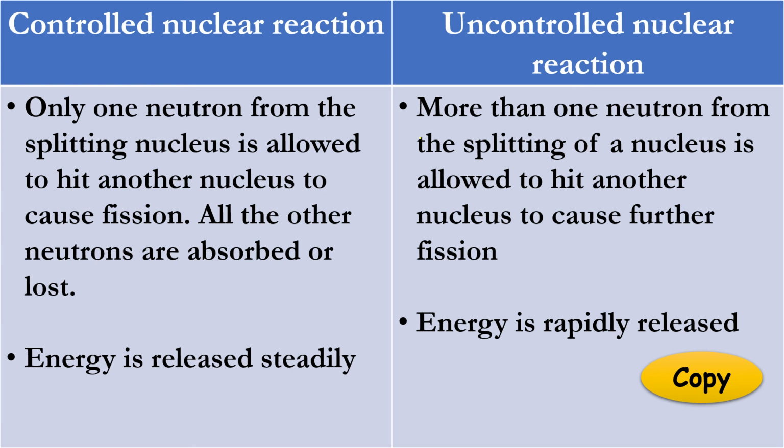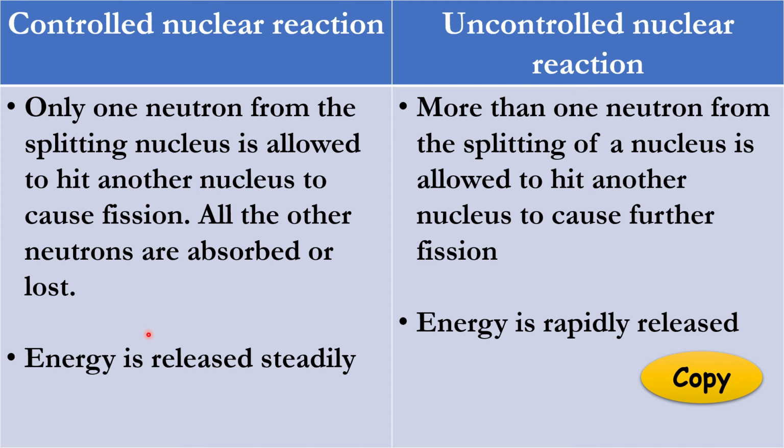Alright, so if we just quickly summarize everything we need here, we know that for controlled nuclear reaction you only need 1 neutron, and all the other neutrons have to be either absorbed or lost in that process.